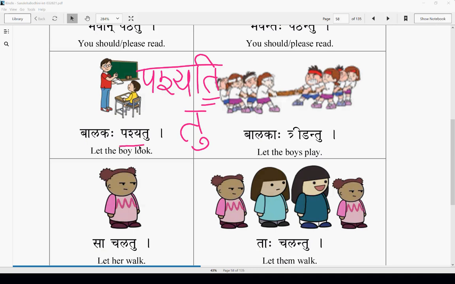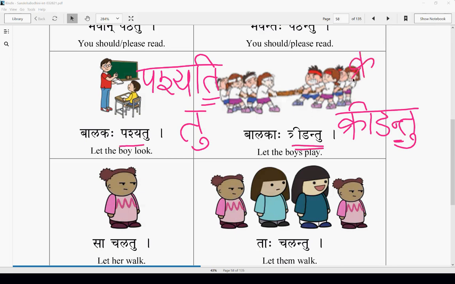And similarly here we are using, let the boys play. It is actually a dirgha kri. Kridantu. Let the boys play. There are many boys. The Bahuvachanam has the Kridantu.